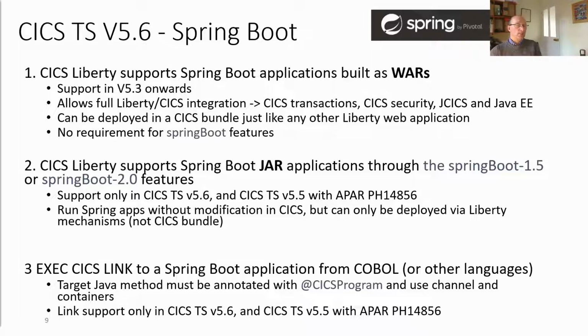And that's again supported in 5.6 and 5.5 with the correct service. It's very important you have that correct service in both the runtime and also in the development environment, because the CICS annotation processor needs additional support to support linked Spring Boot.